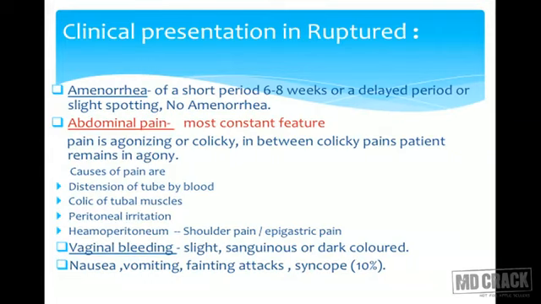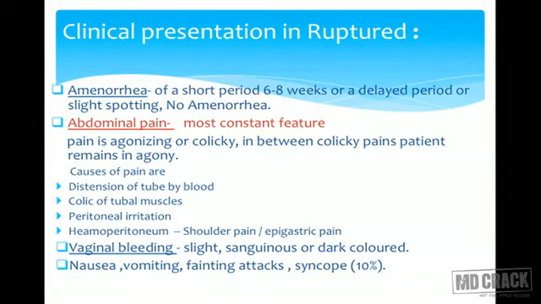The most constant feature of ectopic pregnancy is abdominal pain. And third, vaginal bleeding. So this is an important triad of symptoms of ectopic pregnancy. Pain would be agonizing, colicky, and typically in between the colic, the patient will remain in agony. She will not be relaxed. So: amenorrhea, abdominal pain, and vaginal bleeding.